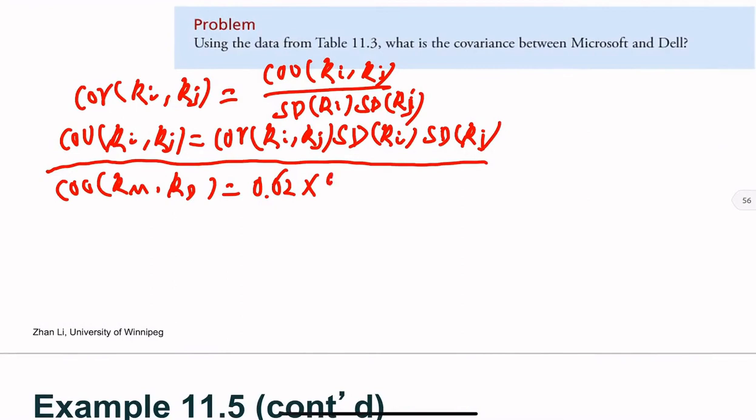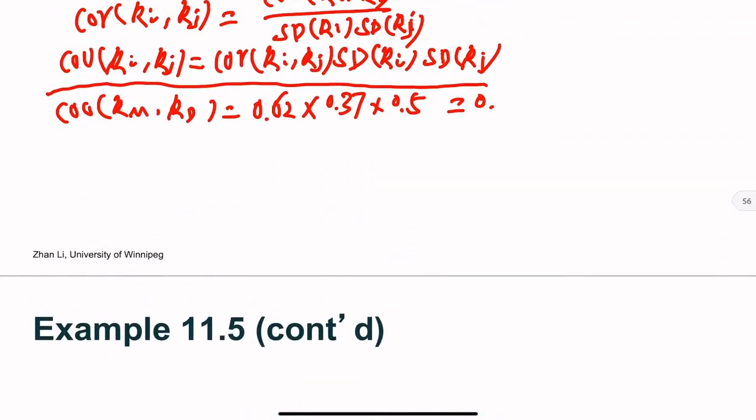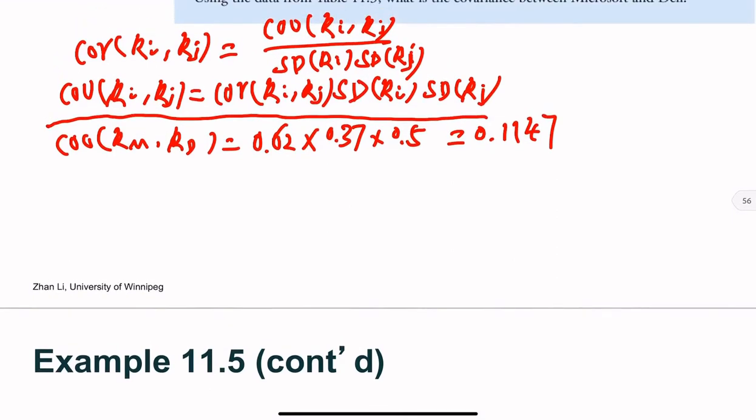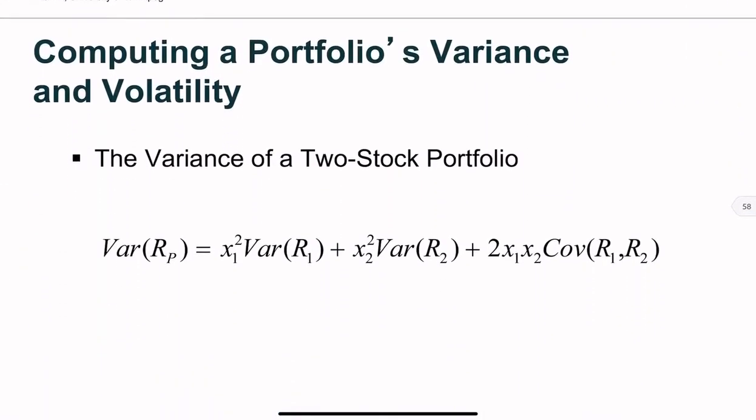So 0.62 times 0.37 times 0.5 gives us 0.1147. It's a pretty simple calculation. The only caveat is that you should be able to go from correlation to covariance.